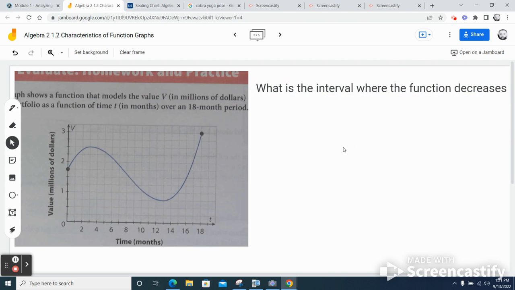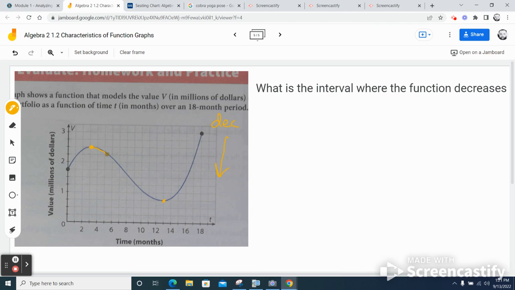And so what they're talking about is, if we look at the graph, we're looking for a particular section of the graph where it's going downward. So remember that decreasing is when we read it like a book left to right, we're going down. So this looks like a relative maximum. This looks like a relative minimum.